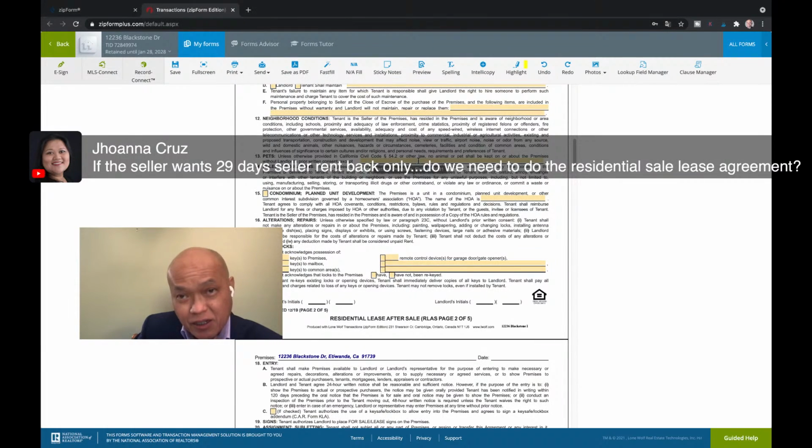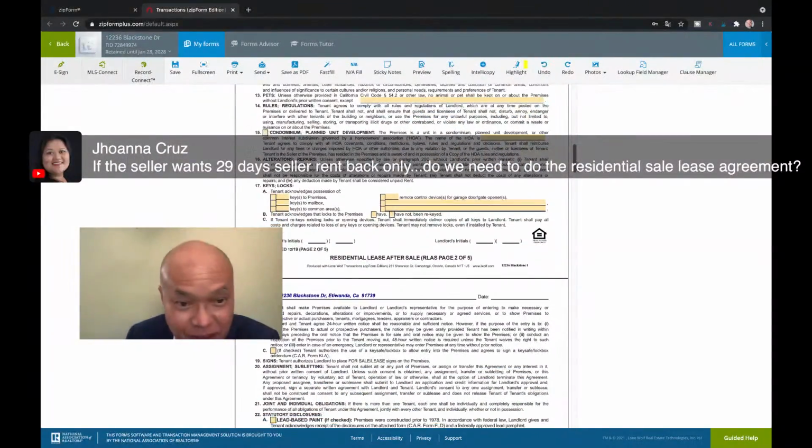Moreover, as a practical matter, you can't expect the seller to temporarily relocate their pets during the rent back period. So as a practical matter, you're going to have to allow pets anyway, okay, if they have pets. Or else the seller is not going to agree to sell you the property, right? Okay.